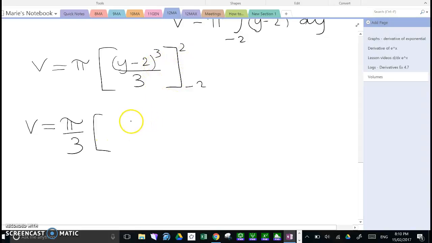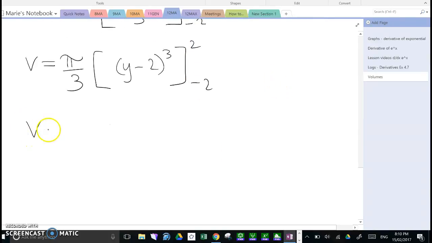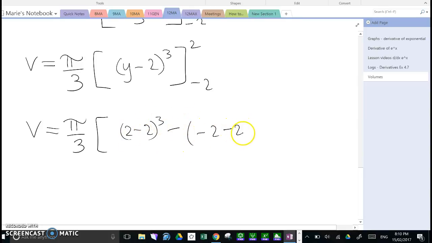I'll just show you what I'm doing one step at a time. Put in the values, so it's 2 minus 2 all cubed minus minus 2 minus 2 all cubed. Now that's just 0. So volume is pi over 3.